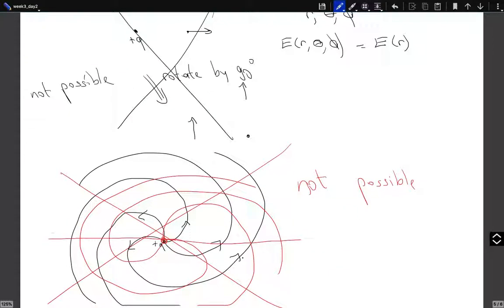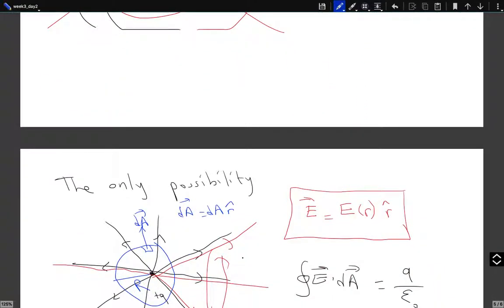Now, in this particular problem, we first determined, without using Gauss's law, that the point charge is very symmetrical. If you rotate it around itself, it doesn't change. If you put a mirror passing through that point, it doesn't change. Since the charge distribution does not change, the electric field it creates also should not change.